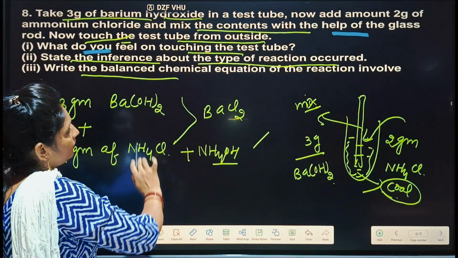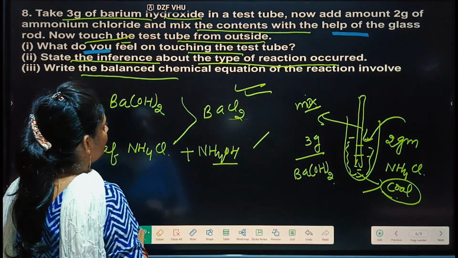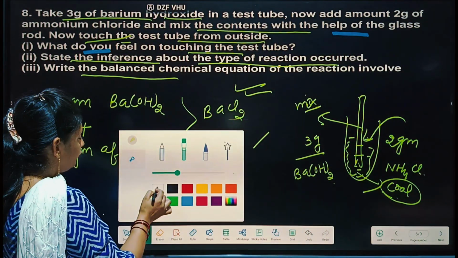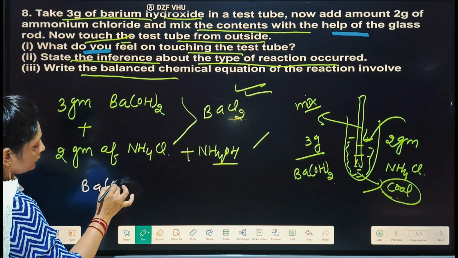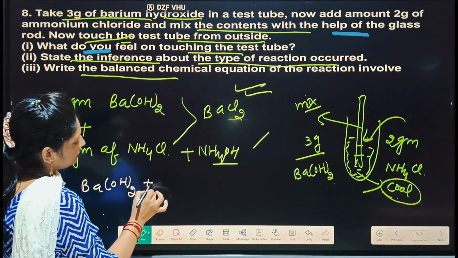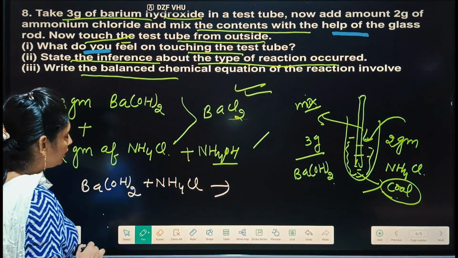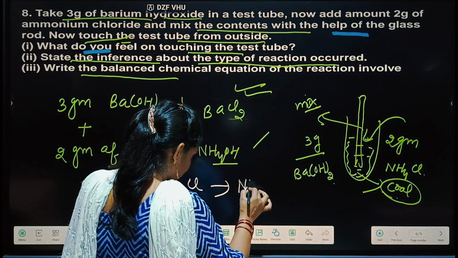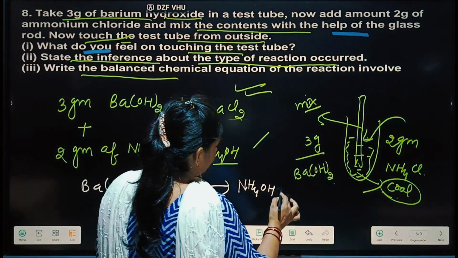Write the balanced chemical equation. Already we have written it, but balance it also. So how will you balance? Ba(OH)2 plus ammonium chloride undergoes double displacement here, and we get NH4OH plus BaCl2.